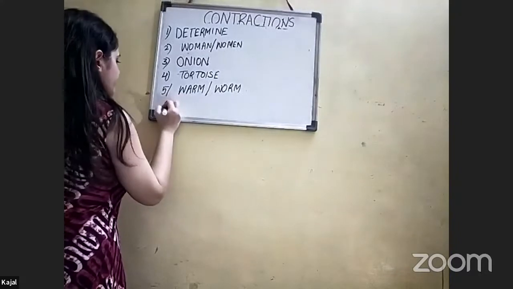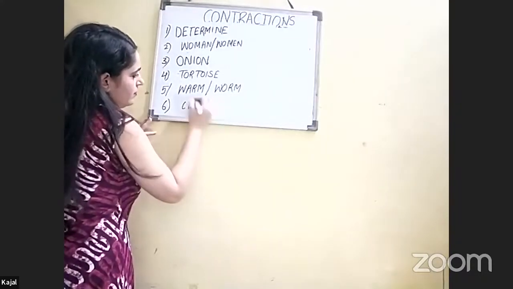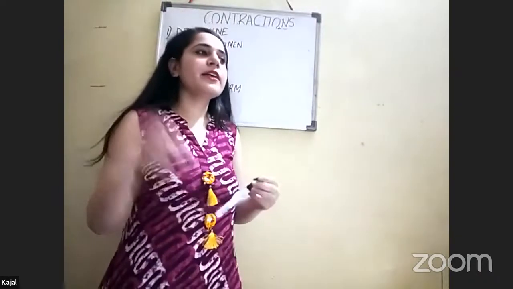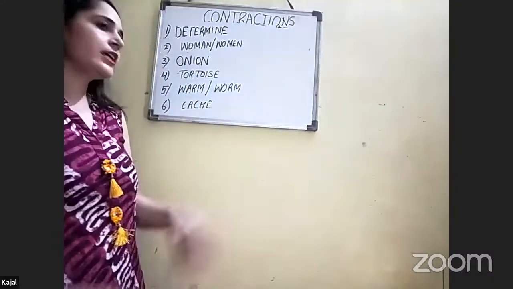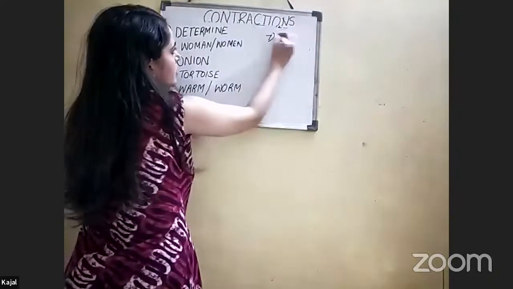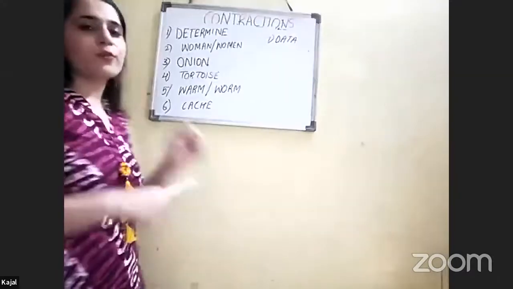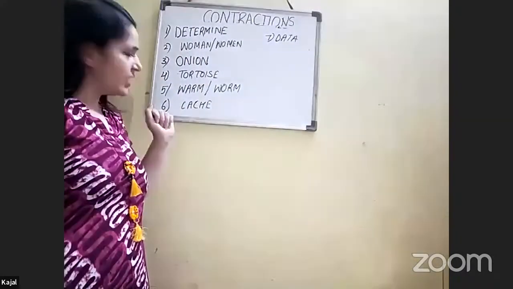Okay, next is CACHE. Usually, when we clean our phone, when we go to the clean up storage window, when it is displayed, there is this word with DATA. Let me write it. DATA. So, what do we call it? It is cache data, cache data.